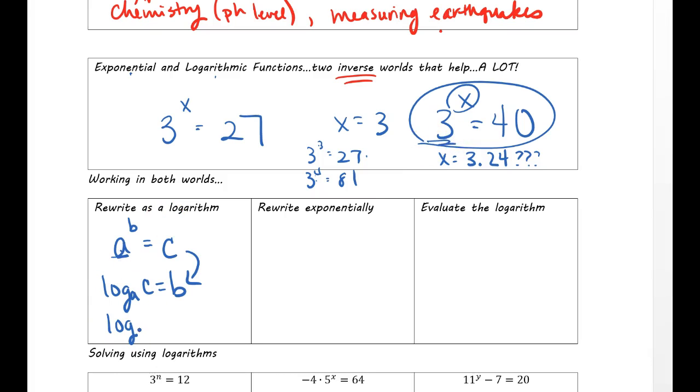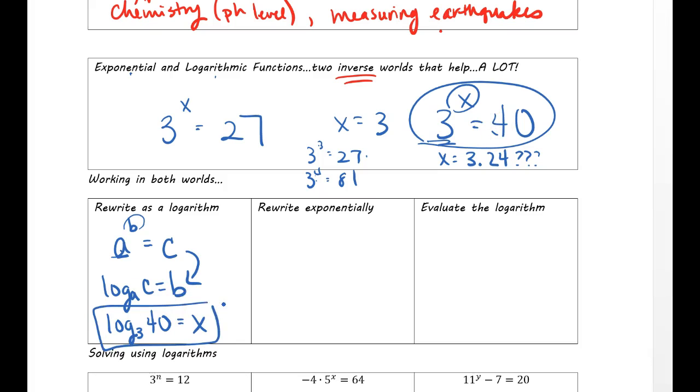Well, the base was 3, so it goes there. The C is whatever's on the other side of the equals, so that would be a 40 written right there. And then on the other side would be the exponent, which becomes what's over here. So this as a log is this.